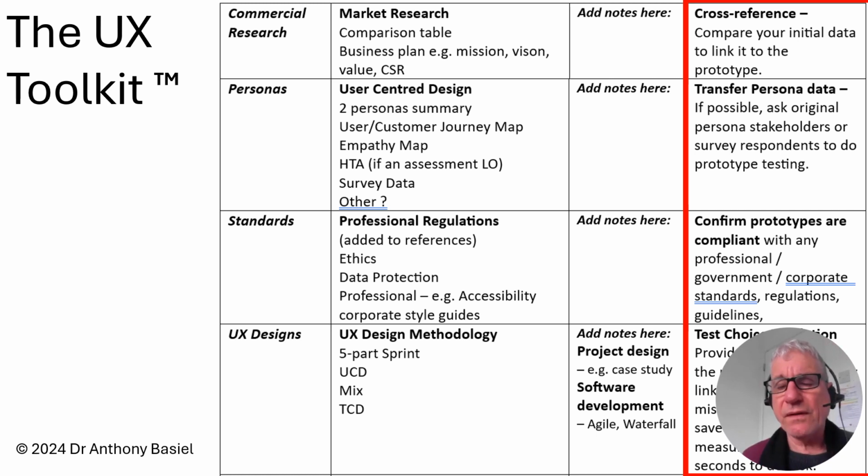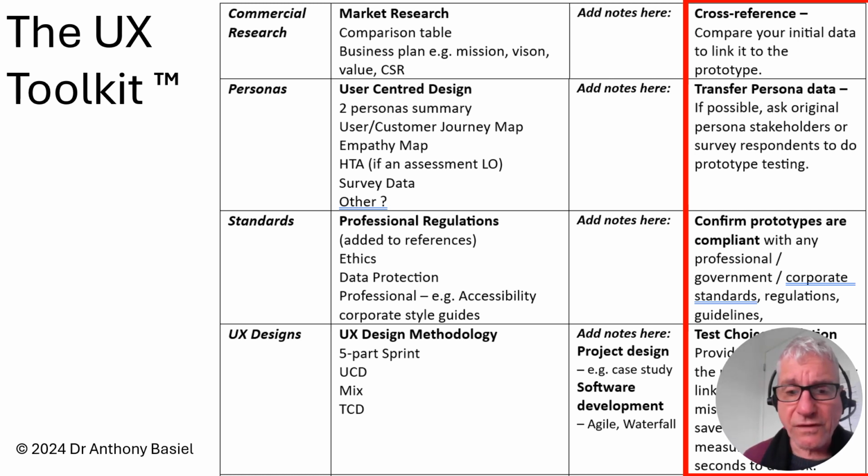We can then demonstrate in our prototype how those needs are being addressed. When we're looking at the standards, again, we want to be consistent. We want to make sure that our prototype solution meets any of the regulations or guidelines which are appropriate for that particular type of intervention.